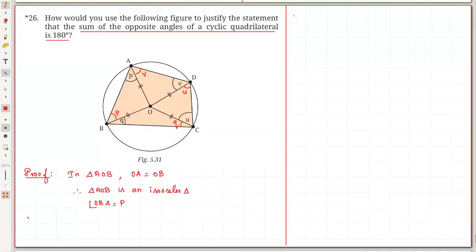Similarly, I can write triangle OBC, triangle OCD, and triangle ODA are isosceles triangles.